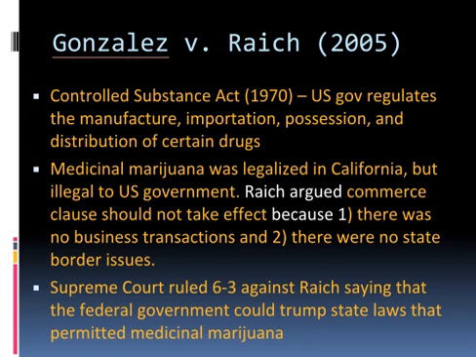Now, this is different from the patchwork of state-based marijuana laws we have today, largely because of some judicial guidance given to the Department of Justice under the Obama administration that the Trump administration has not acted on yet. But in a world where more states are legalizing marijuana, you have a lot of people looking at the Raich decision and wondering when the federal government will step in and maybe crack down on this practice, because it gives them the power to.